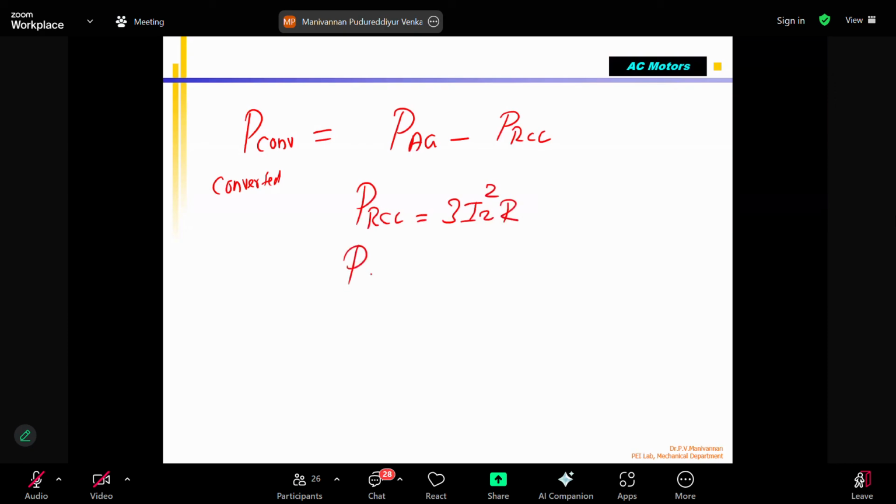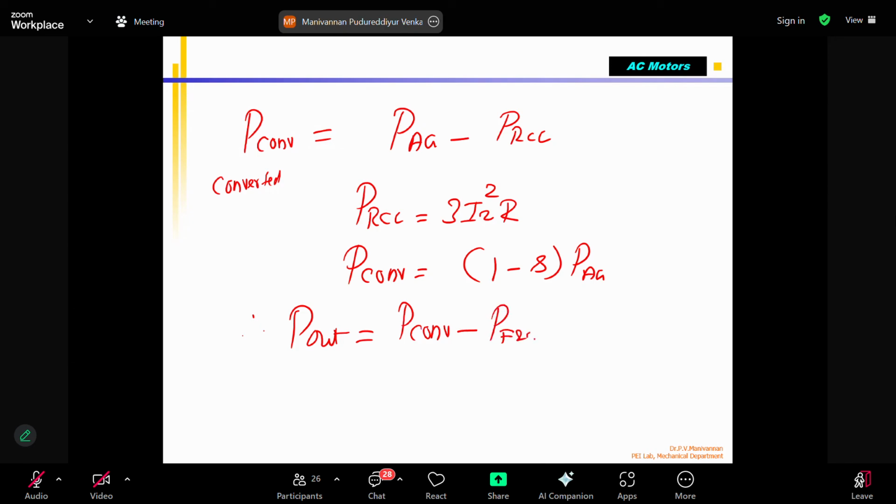And P converted can be written as 1 minus S into P_AG, another form. So finally, if I want to find out P_out, it is nothing but P converted minus P_F&W, frictional and windage, plus P miscellaneous also.